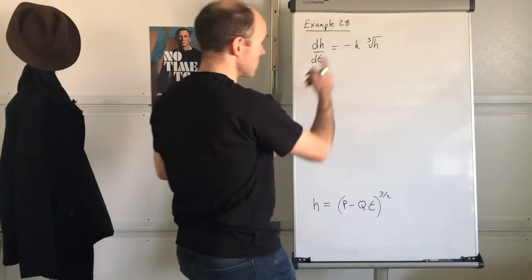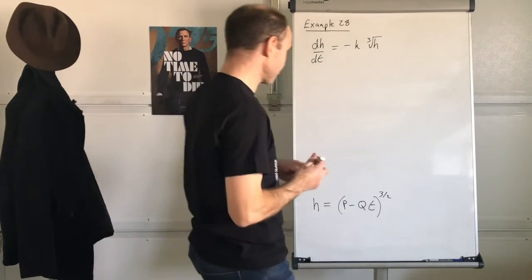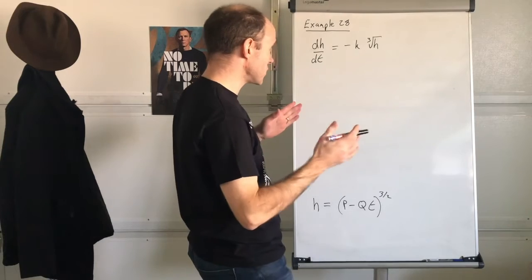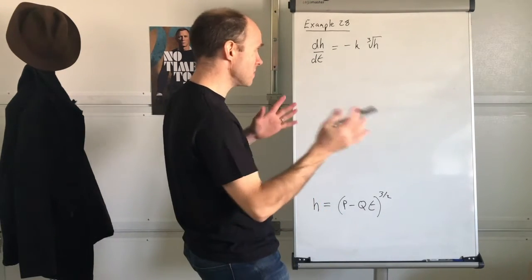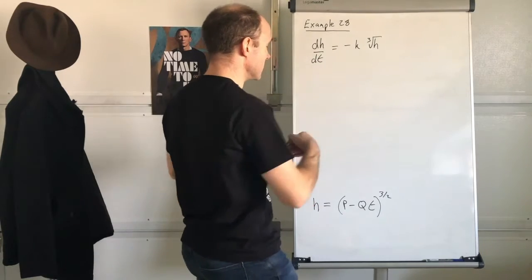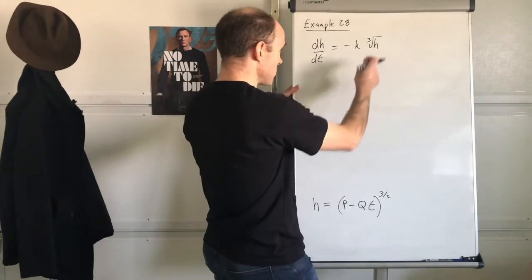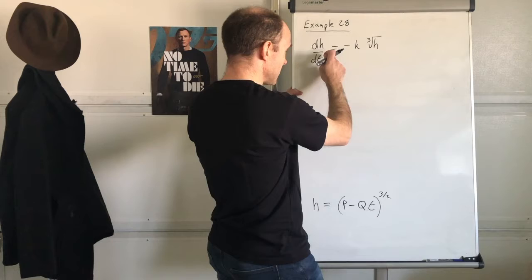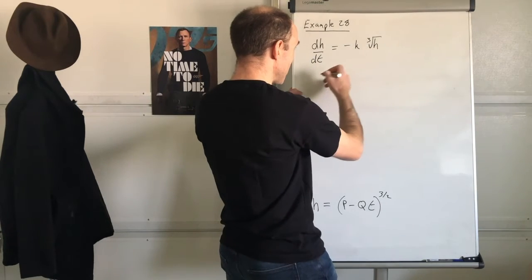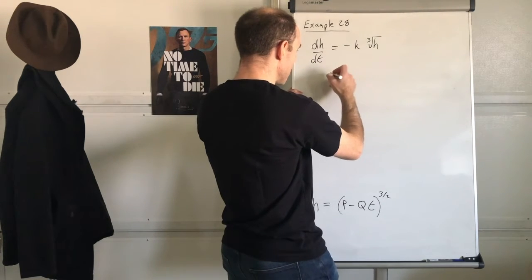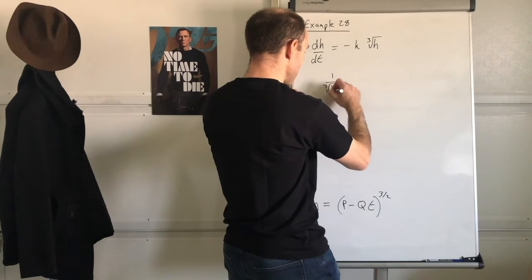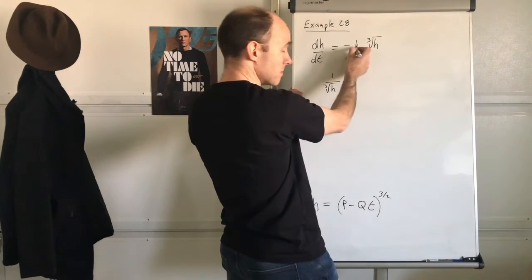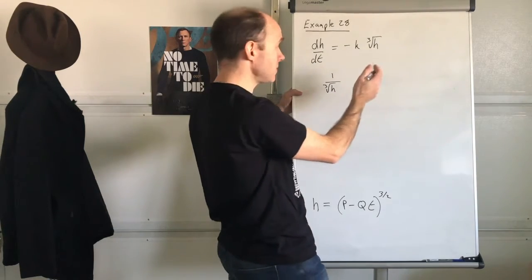Okay, so solve this means get an expression for H in terms of T, because it's dH/dt. So we'll separate the variables. Let's write it as 1 over cube root of H, and then keep the negative K. As I've said before on these videos, keep that there.